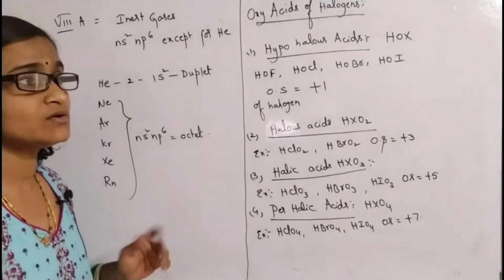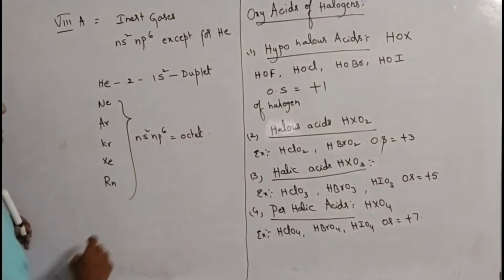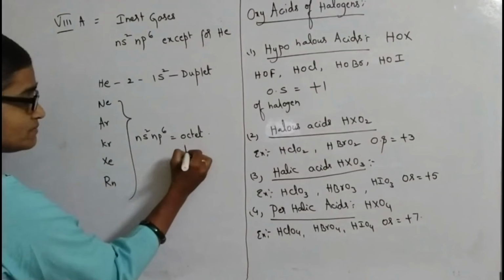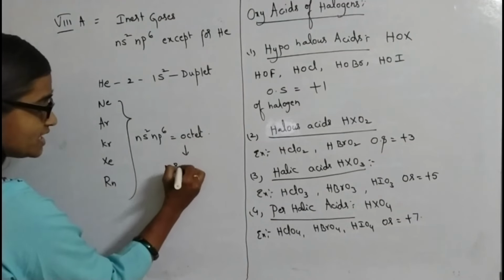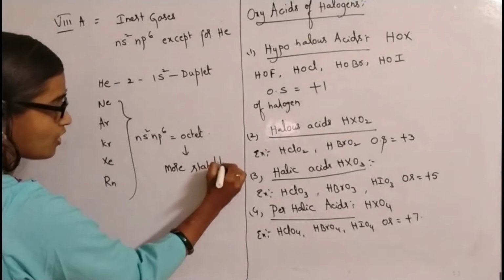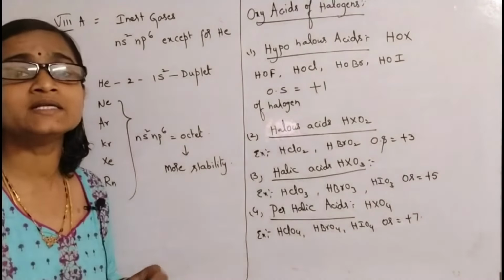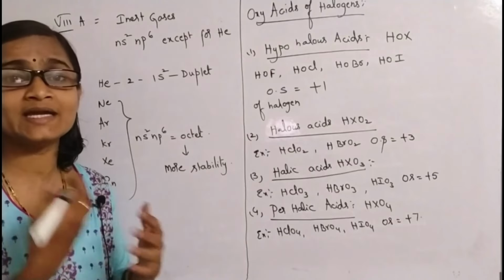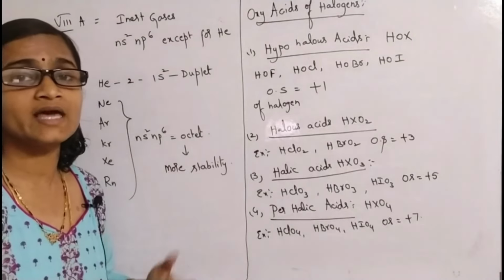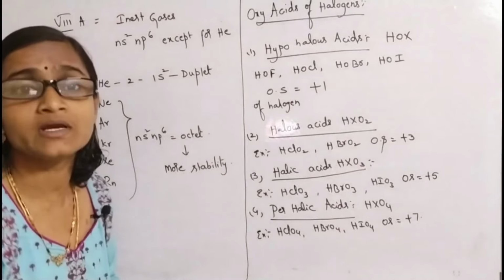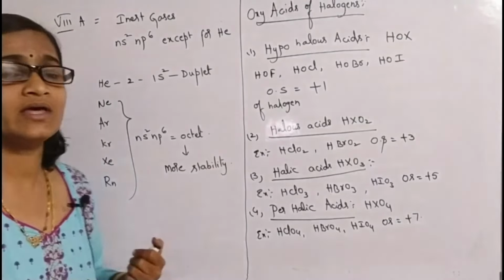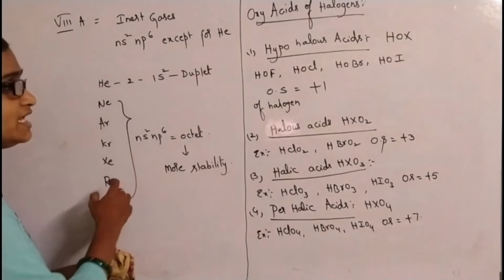Octet configuration makes the element more stable. Stability is based on the octet rule you have learnt: all other elements of the periodic table try to attain stability by acquiring the octet configuration of these inert gases. Because of the octet configuration, inert gases are highly stable.